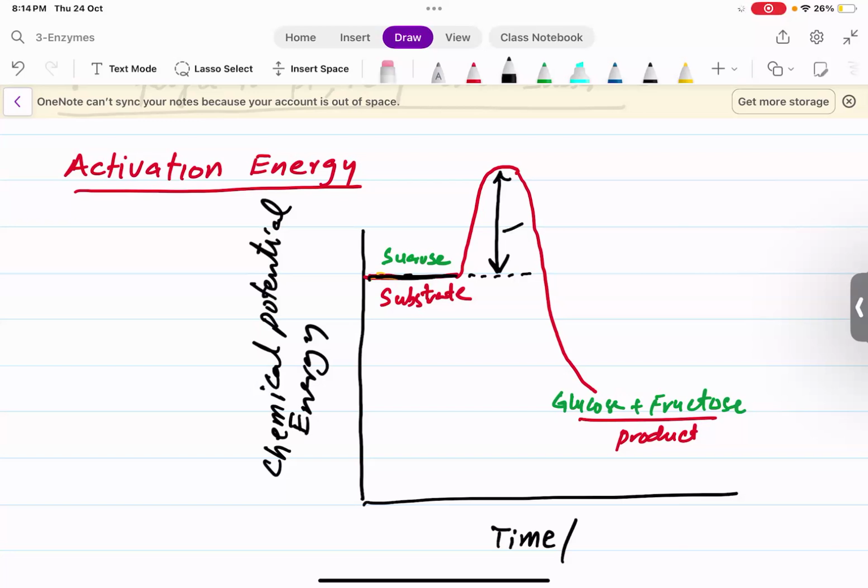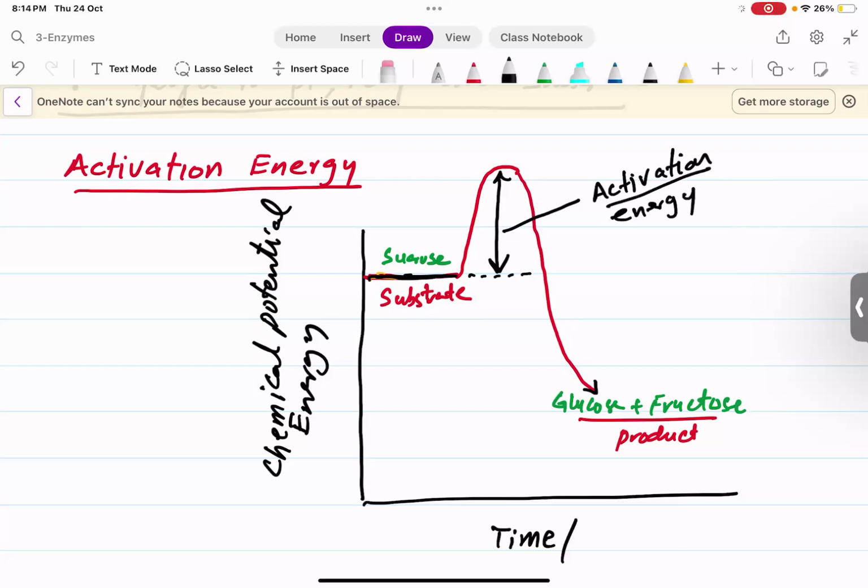This amount of energy needed to start a chemical reaction is known as an activation energy.